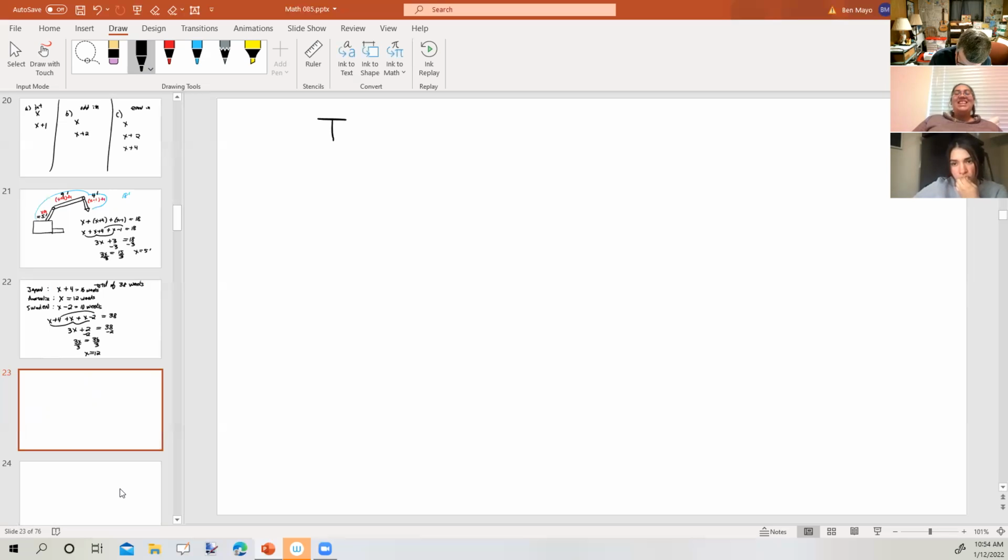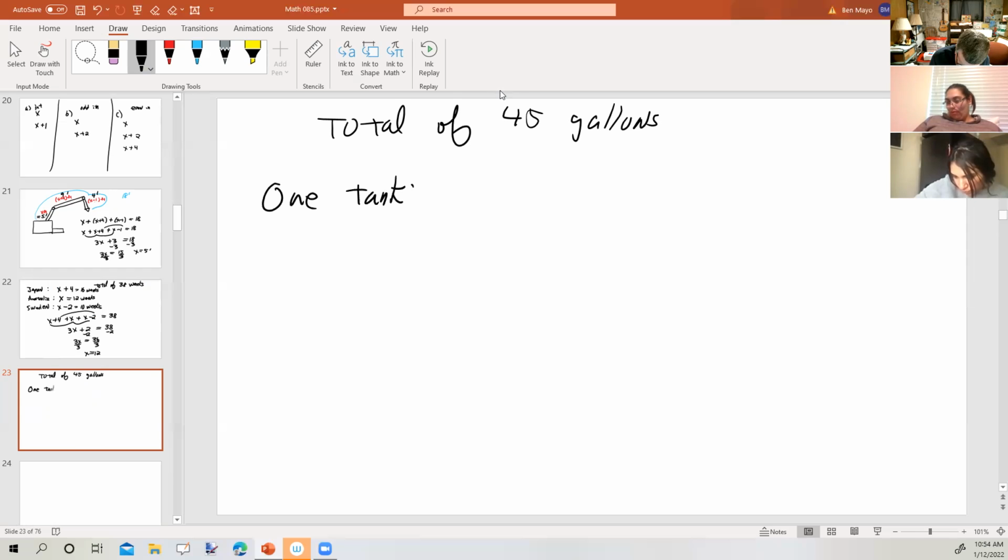All right, so we've got a total of 45 gallons. And we have 1 tank and the other. Okay. 2 tanks hold a total of 45 gallons of a toxic solvent.